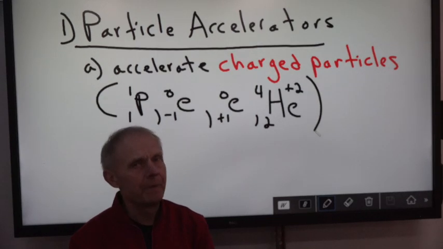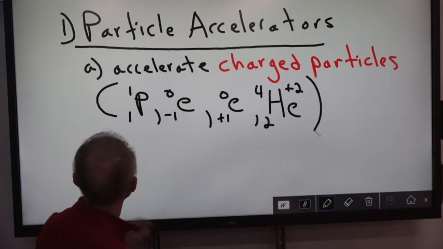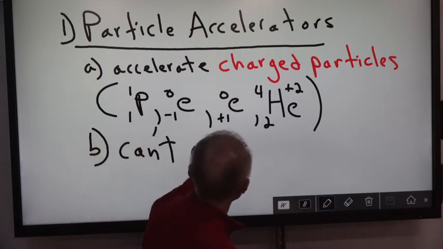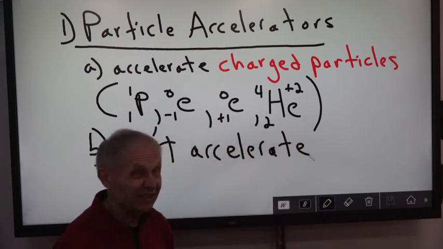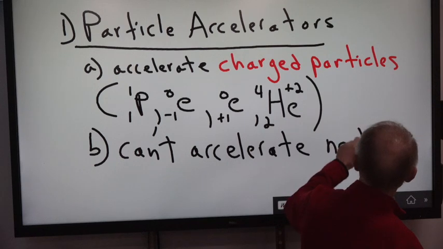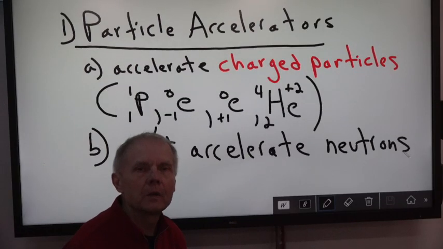But we didn't talk about one subatomic particle that particle accelerators can't accelerate because it has no charge. It can't accelerate neutrons. Why can't it accelerate neutrons?